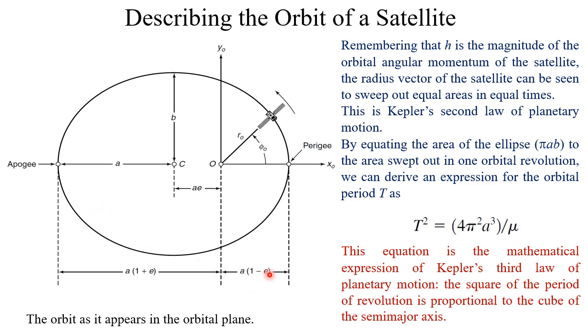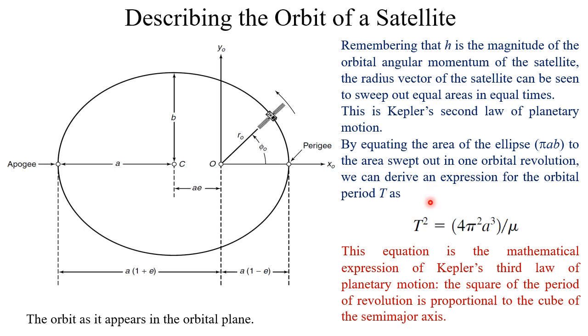So this is the distance a into 1 minus e, this is a into 1 plus e, and the distance from the center to the focus is a into e. e is the eccentricity, and h is the magnitude of the orbital angular momentum.